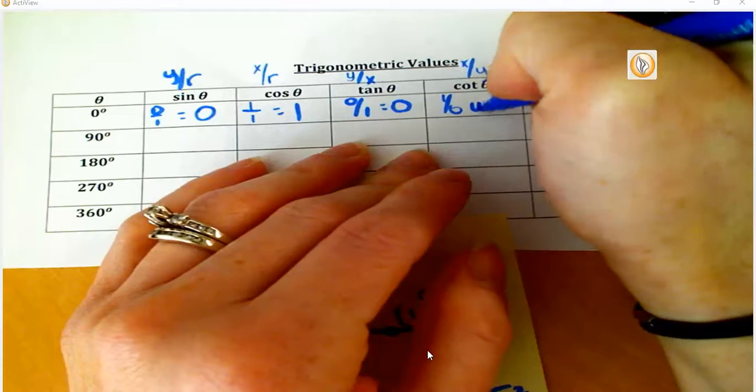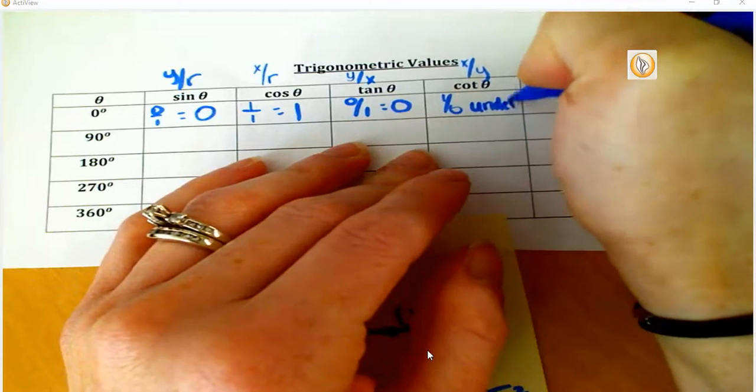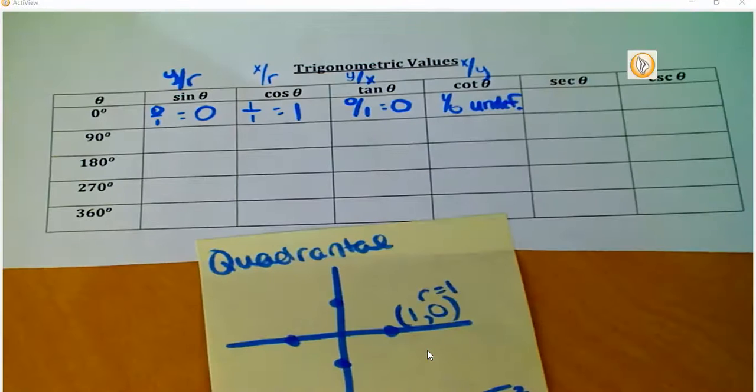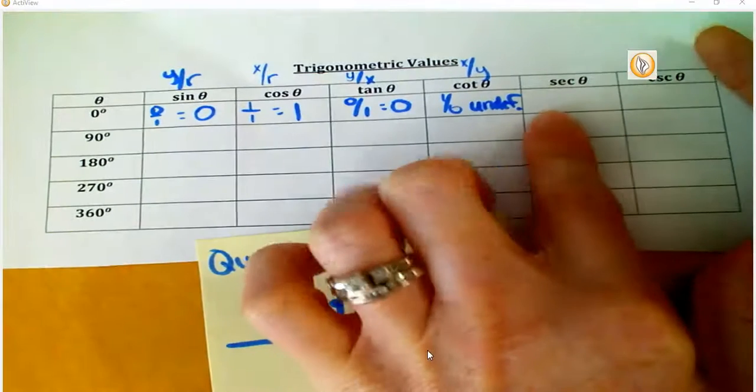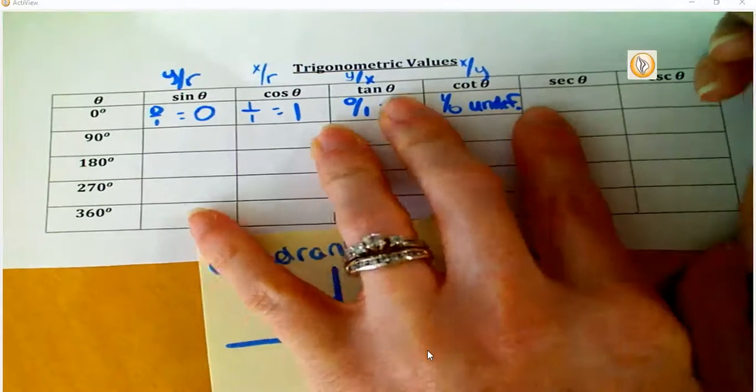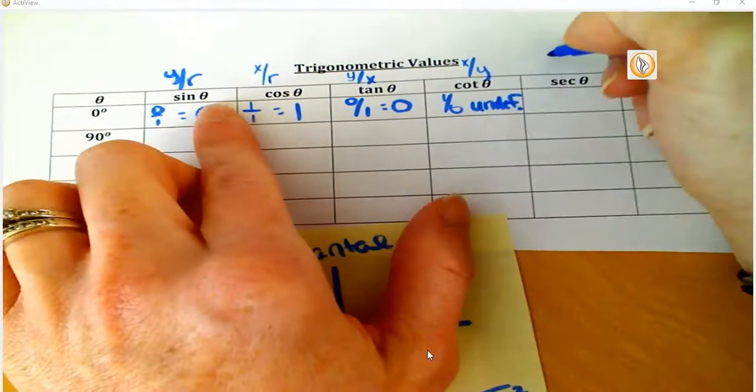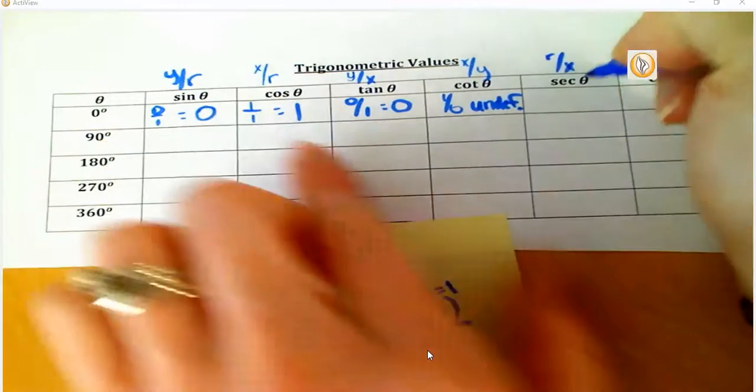Right. Usually I write out the word undefined. The no solution symbol also works. It's just more common in trig to write the word. Secant is a reciprocal of? Right, reciprocal of cosine, so r divided by x.